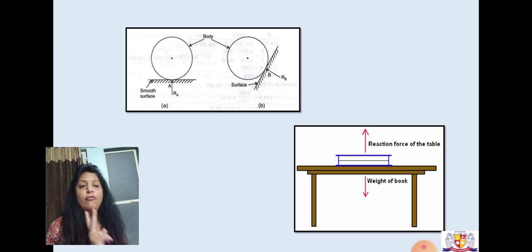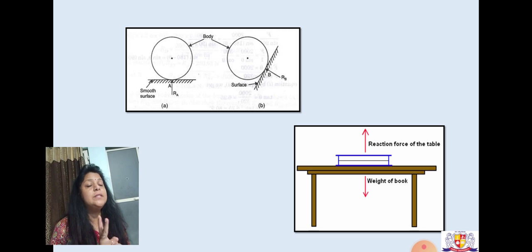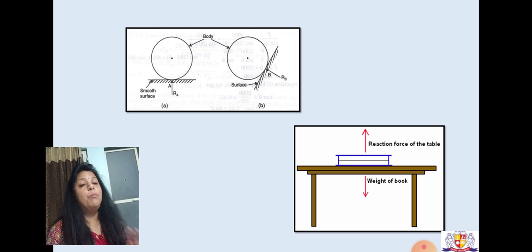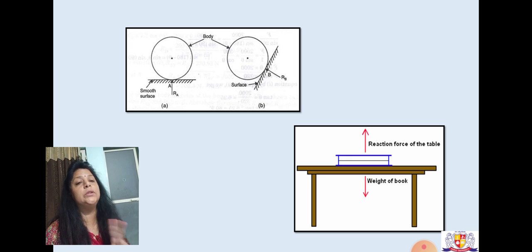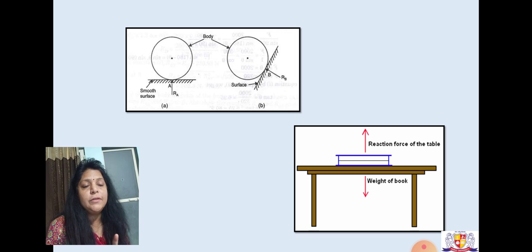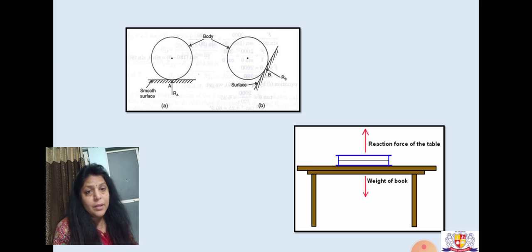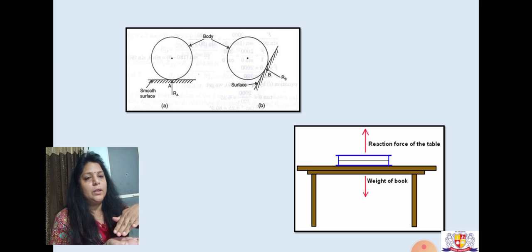Second, where does the reaction get produced? Reaction is produced at the point of contact of two surfaces. What are the two surfaces over here? One surface is the table and another surface is the block.